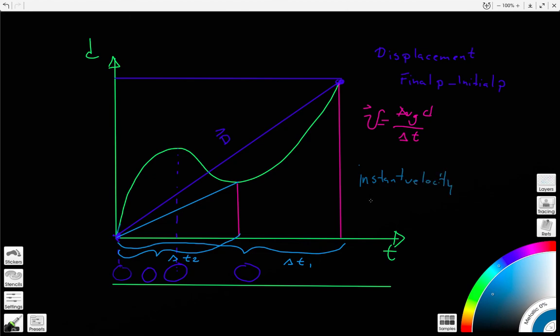My instant velocity is defined as my change in displacement over a change in time, but an infinitely small change, and that is called a derivative. A really small increment in x over a really small increment in time.